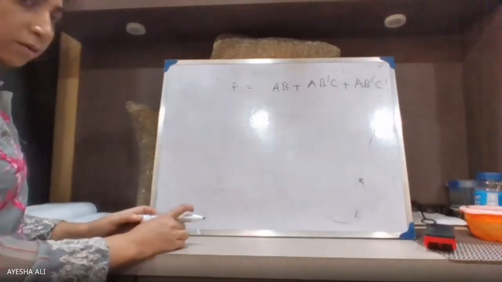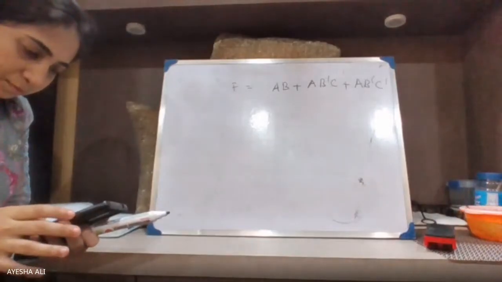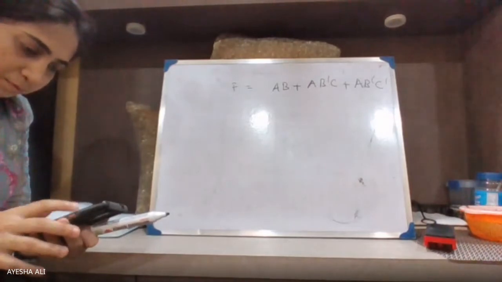Tell me the answer, what will it be? A. Who said A? How did you get A? First taking AB complement as common, then C plus C complement will be 1.